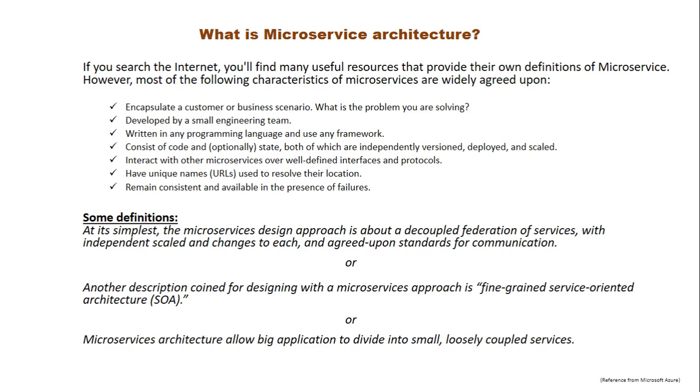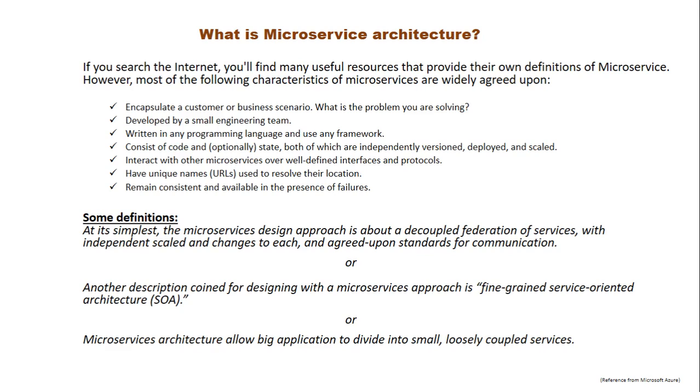There are also the following characteristics of microservices which are widely agreed upon. Number one, encapsulate a customer or business scenario. So what is the problem you are solving? For example, here you're just trying to solve the list of catalogs, so you're just focusing on that catalog. Number two, developed by a small engineering team.